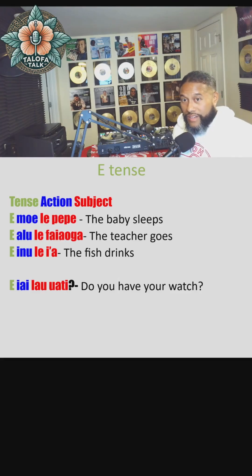Tense marker. Okay. So if I say e moi le pepe, the baby sleeps, and I know these sound like incomplete sentences. Next week we're gonna add the baby sleeps every day, the baby sleeps in the rocker or whatever. But this is what we have to do before we get to next week.